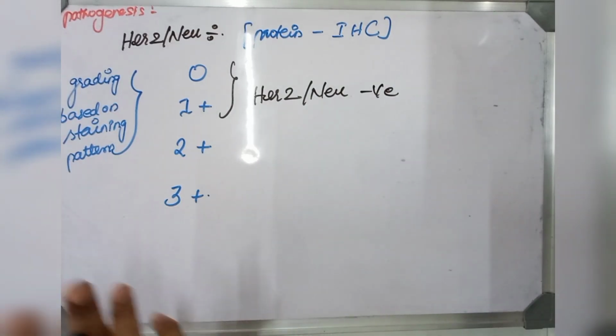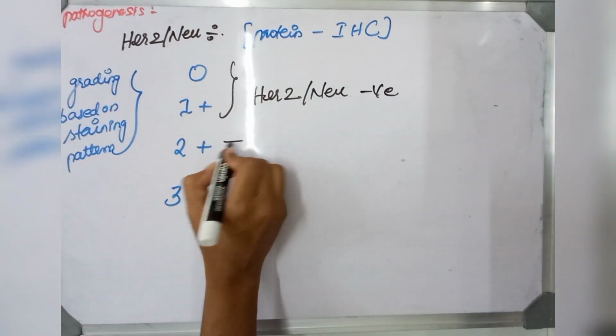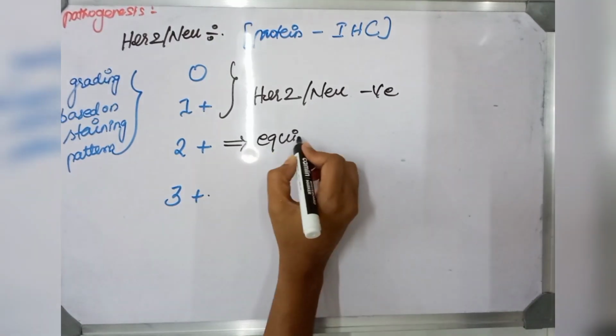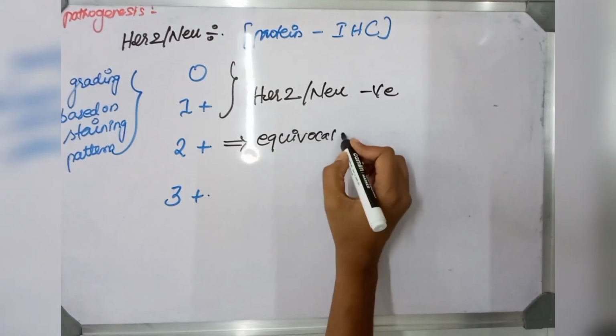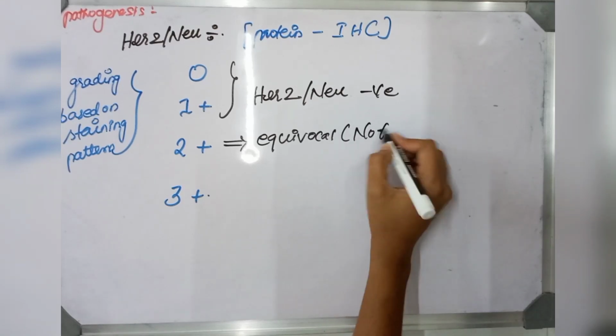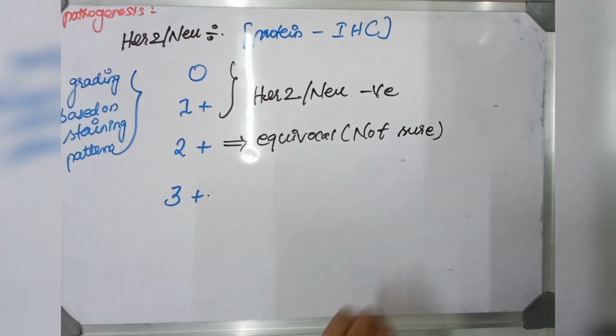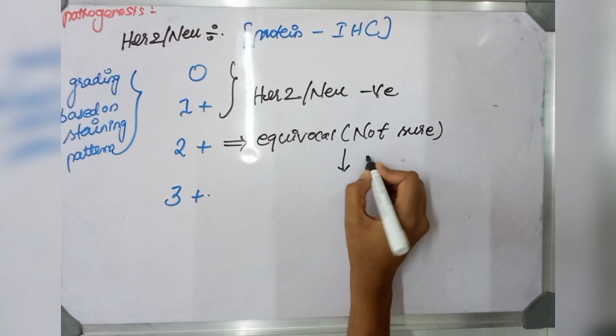Suppose the grading shown is 2. Suppose the grade is 2, it is mentioned to be equivocal, that is, not sure. So in this case, we have to do a test. We have to confirm whether it is negative or positive by doing FISH.